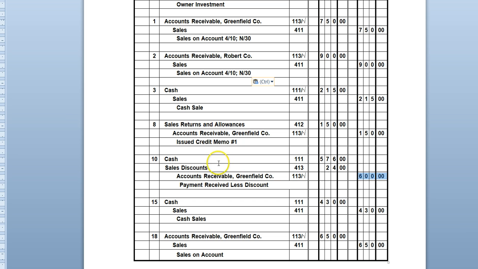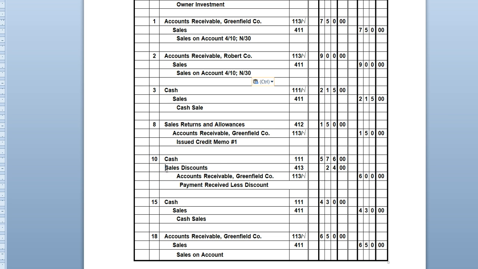The remittance made by the buyer to us is a cash receipt, which normally would be recorded in a special journal called a cash receipts journal. But the net amount that we received out of this sale, which actually started out at 750, because of the return of 150 and then the discount of 24, we end up with 576.